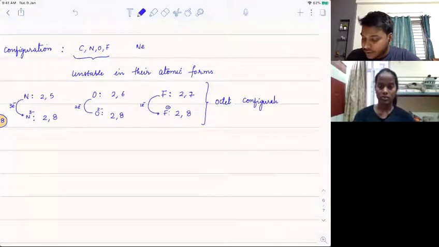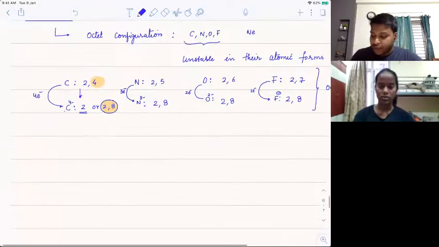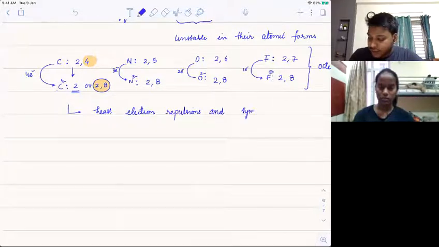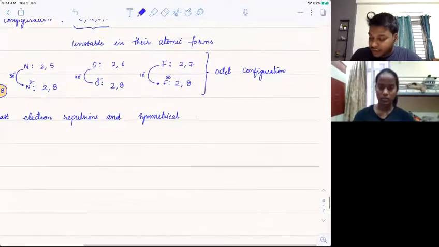The octet configuration signifies least electron repulsions and symmetrical distribution of charge.